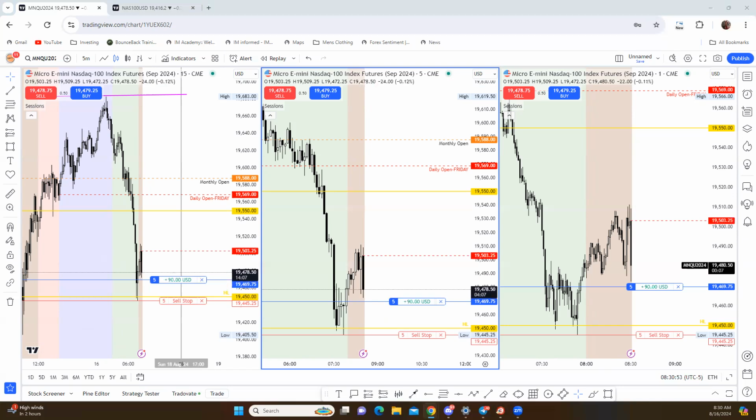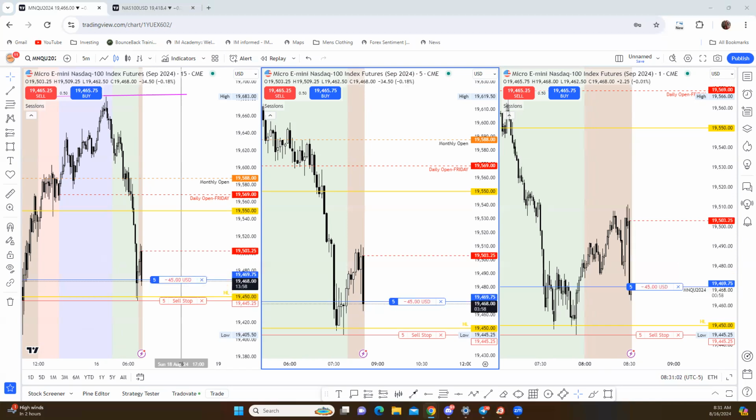Okay. So price is pushing down on NQ, but it looks like ES might be the leader. We'll see. This is what we're about to find out.